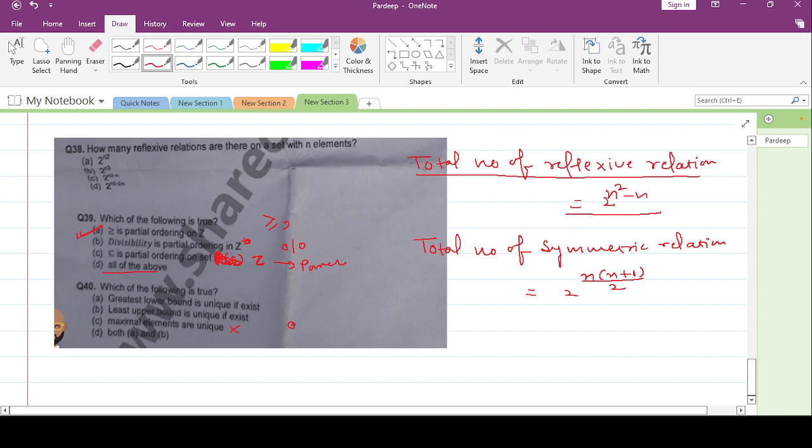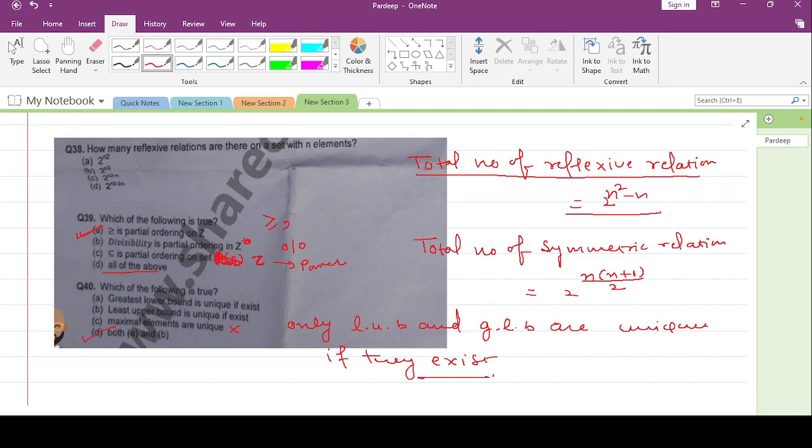Only LUB and GLB are unique if they exist. So both A and B options are correct. Whenever the greatest lower bound and least upper bound exist, they are always unique.